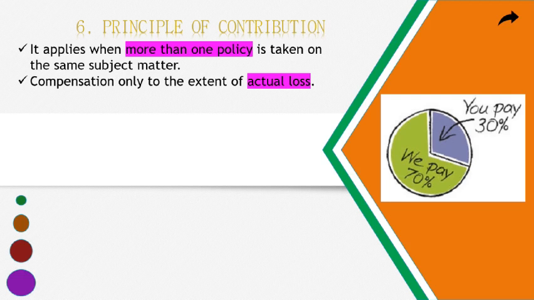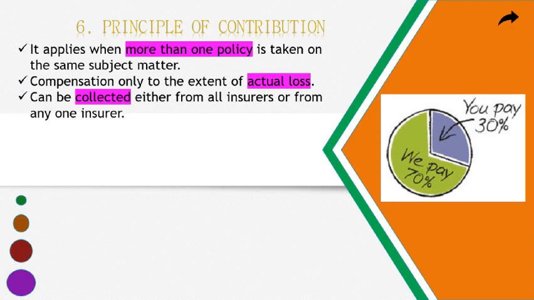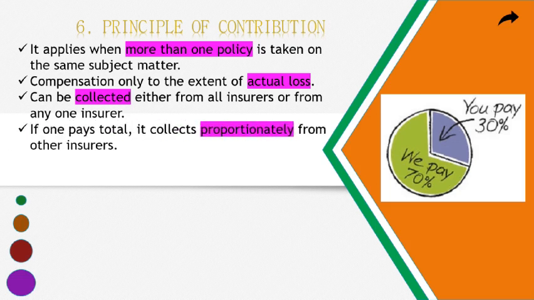You cannot get more than the actual loss. And here the compensation can be collected either from all insurers or from any one insurer. The option is left to the owner, but the total compensation received by the insured must be equal to the actual loss only.